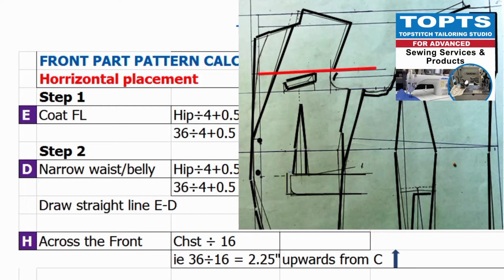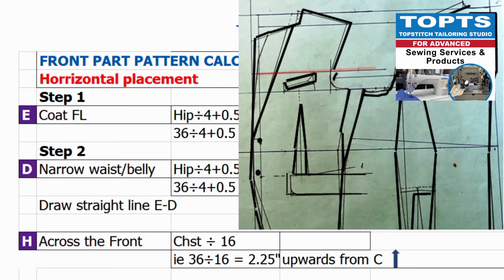So you get the measurement of your client, then you divide with this figure that I'm giving you. This is the figure that you should always be dividing the chest measurement with, giving you the results. That is the answer. So that is 36 divided by 16, giving me 2.25 inches.